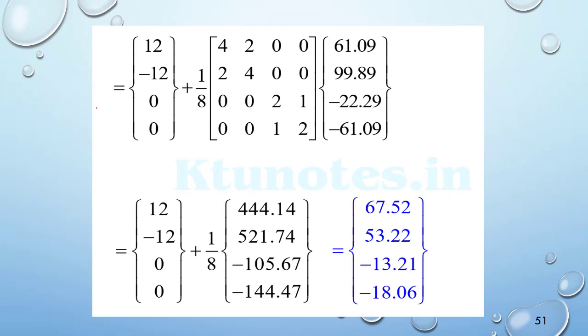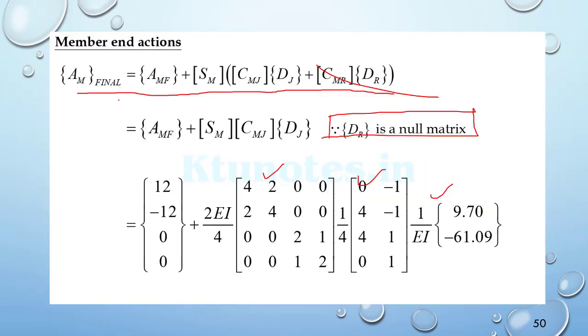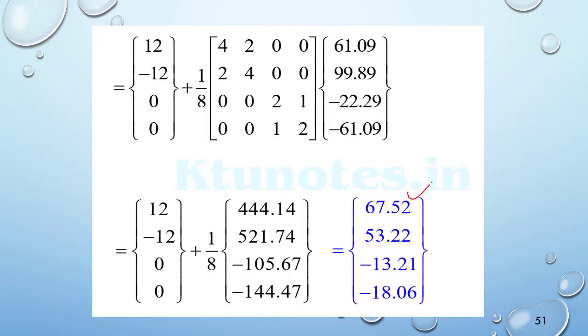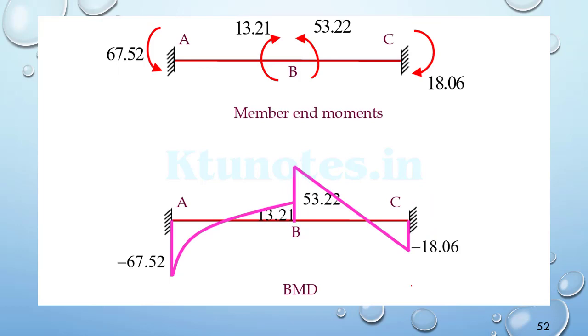So finally the member end actions will be 67.52, 53.22, 13.21 and 18.06 with the necessary signs. And the moments are written like this: 67.52, 13.21, 53.22 and 18.06, and drawing the BMD diagram with the necessary signs.